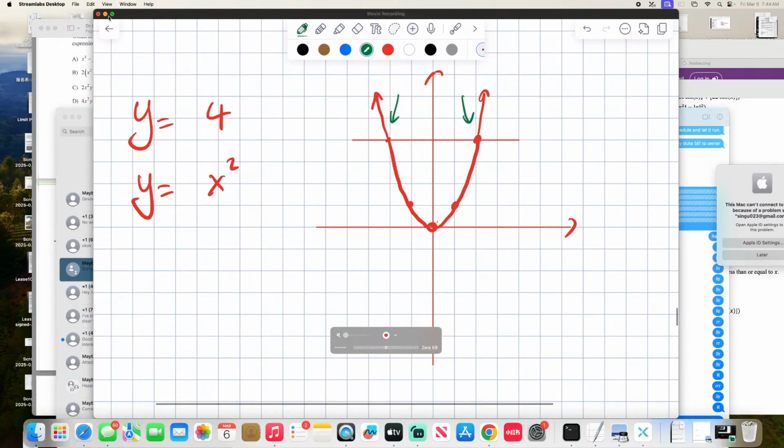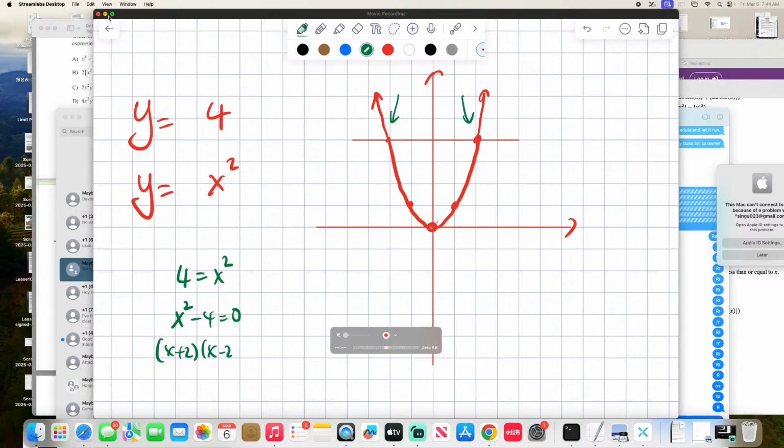If I want to find the intersection, I set both equations equal to each other. Then x squared minus 4 equals 0, so (x plus 2)(x minus 2) equals 0, so x equals negative 2 and x equals 2.